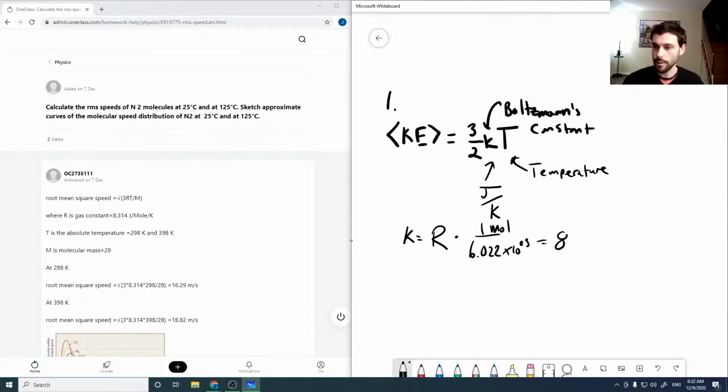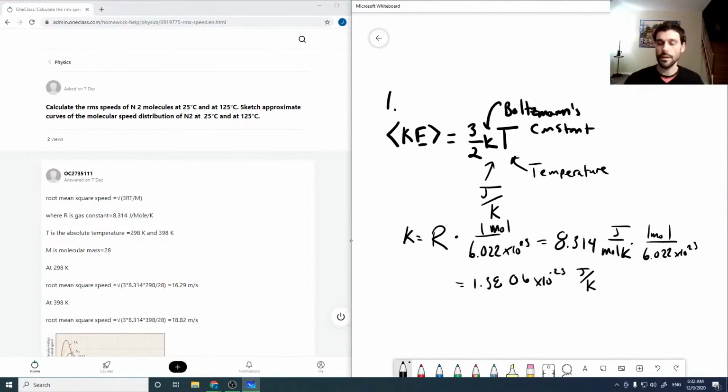So that's 8.314 joules per mole Kelvin times 1 mole over Avogadro's constant, which comes out to be 1.3806 times 10 to the minus 23.